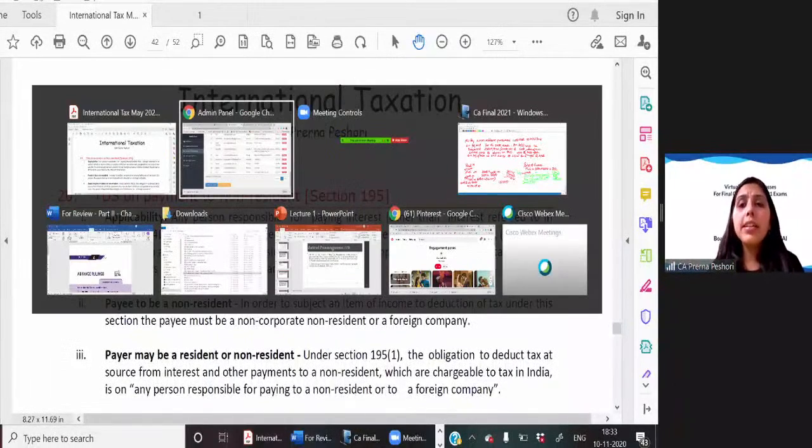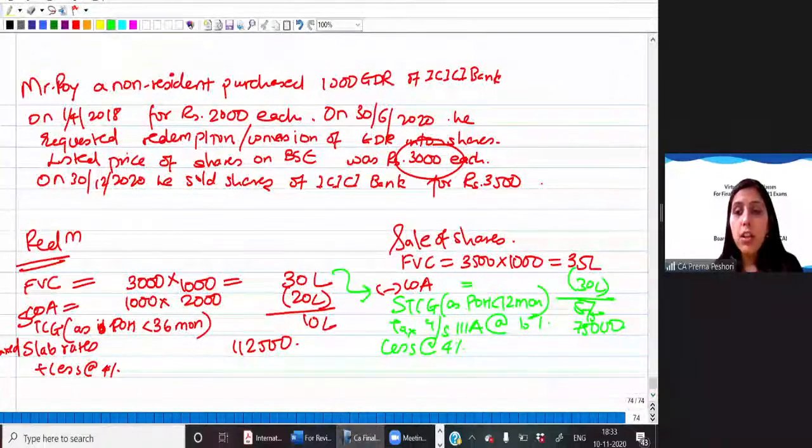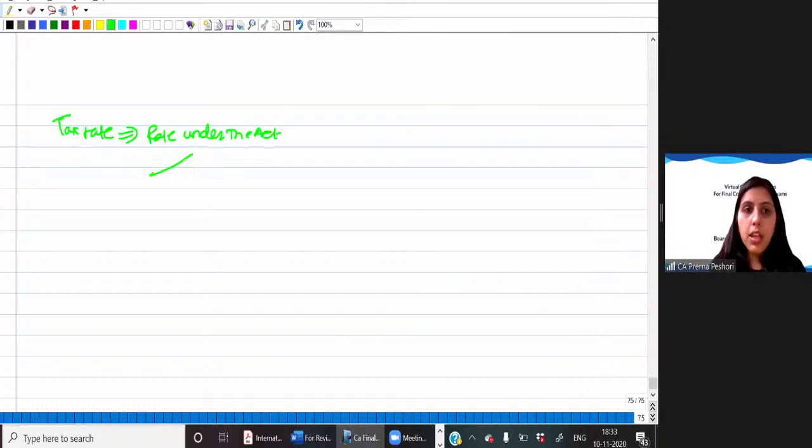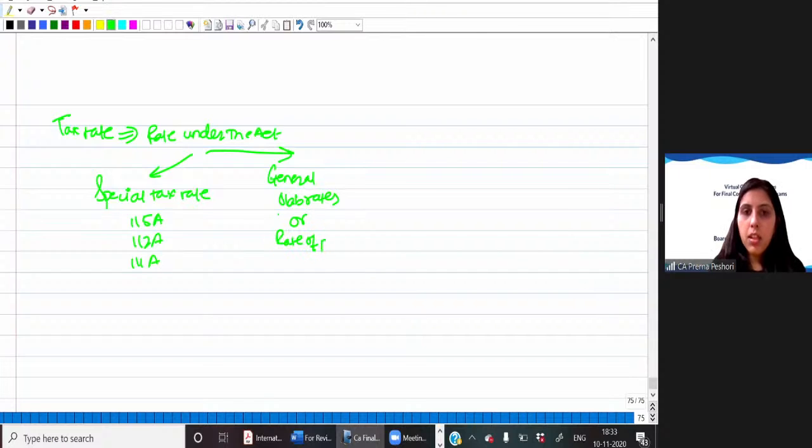So while you are deducting the tax under section 195, which rate will apply? Here they have not given one specific rate. They say the tax rate will be rate under the Act, which could be special tax rate under 115A, 112A, 111A, all of these, or general, which are the slab rates, or rate of foreign company, right?